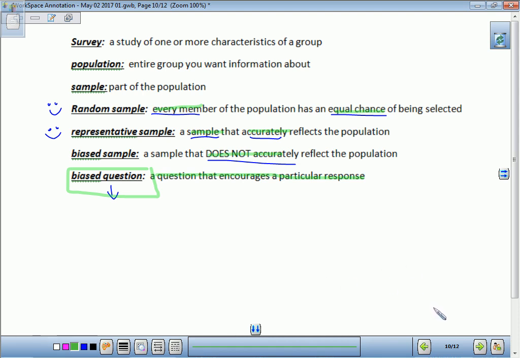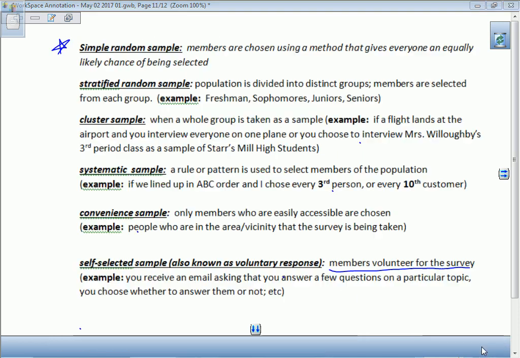Oh yeah, it's hard. So a biased question is a question that encourages a particular response. And whenever I fill out online surveys, if they have a part at the end for comments, I will enlighten them as to which questions were biased and therefore they should throw out that information. All right, from my point of view.